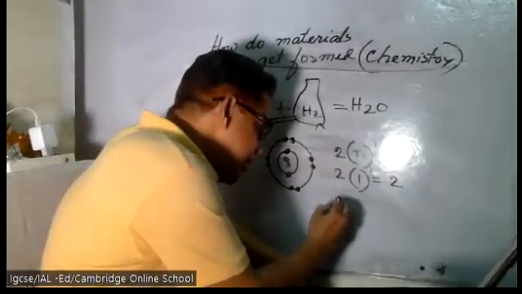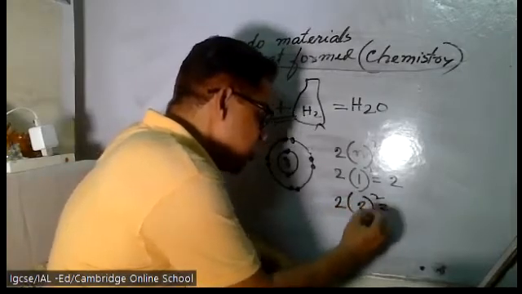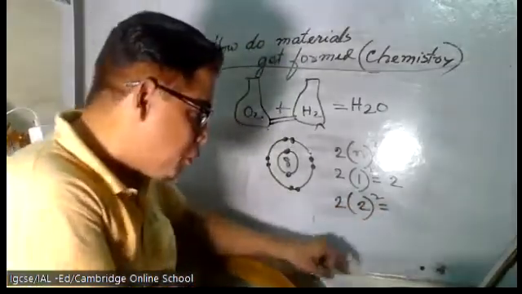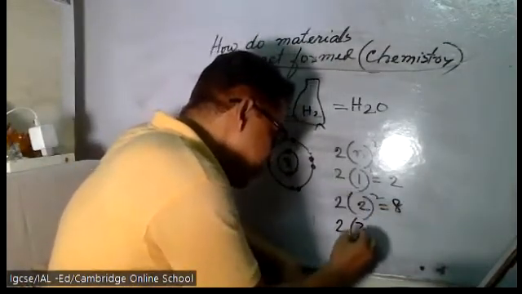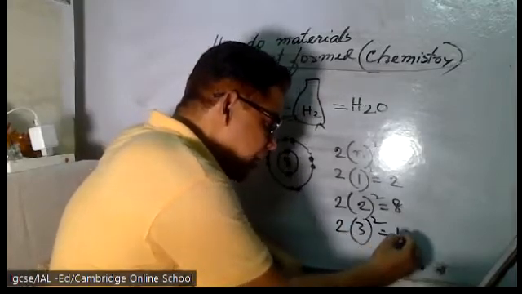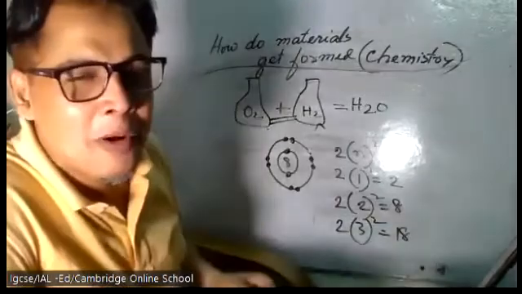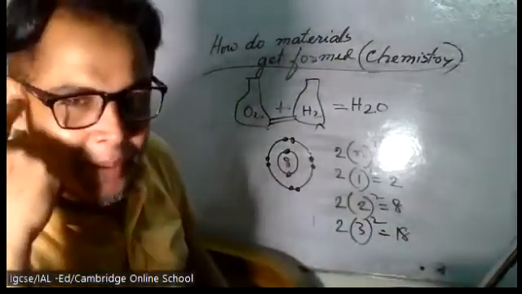If you put 2, 2 squared is 4, 4 into 2 is 8. If you put 3, 9, 9 into 2 is 18. So scientists have found a reality. This is the system of decoration, Baba.